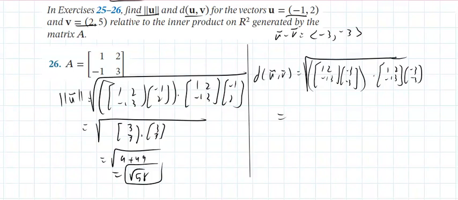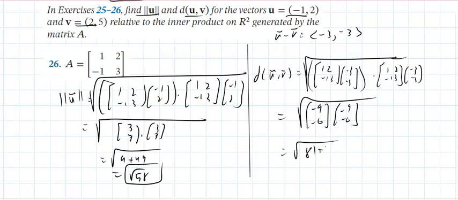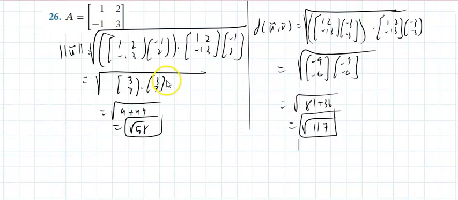There it is. And that's the square root of, let me see, negative 9, that's negative 9, 3 minus 6, and 3 minus 9, negative 6. Hopefully I didn't make a mistake. 81 plus 36, whatever that is. That is 117. Alright, and that's pretty much all there is for this section.